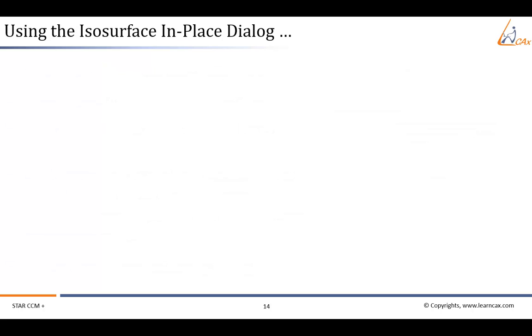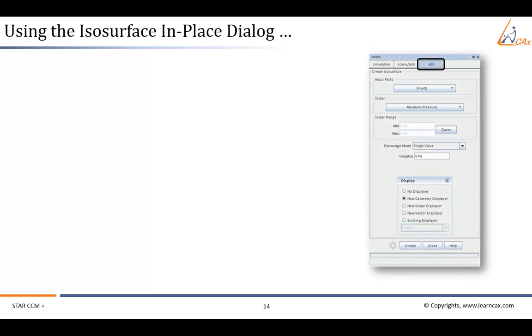Let us learn how to create isosurface using the in-place dialog box. During isosurface creation process, a new in-place dialog appears in the Edit tab of the simulation window. Using this, we can create new isosurface.